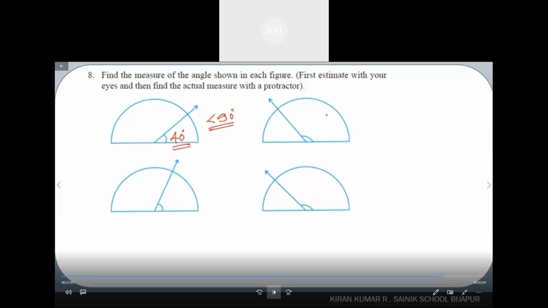Here the angle is greater than 90 degrees, maybe around 120. You need to actually measure it. On measuring, you'll come to know 130 degrees is the measure. Here it's an acute angle. This one is an obtuse angle. You need to check it using a protractor. I want you to check it by measuring in the textbook.